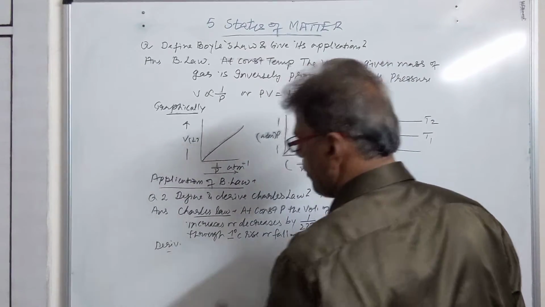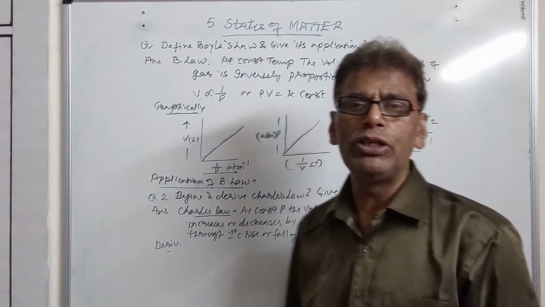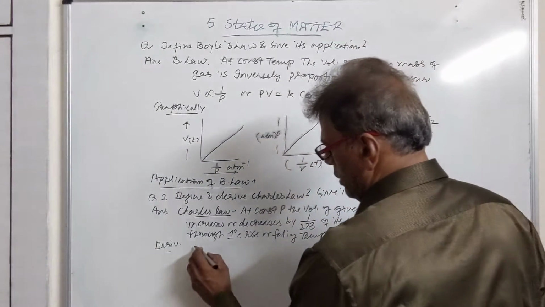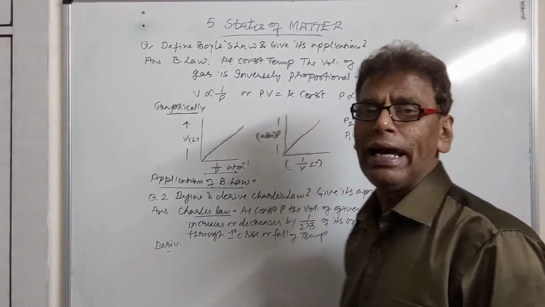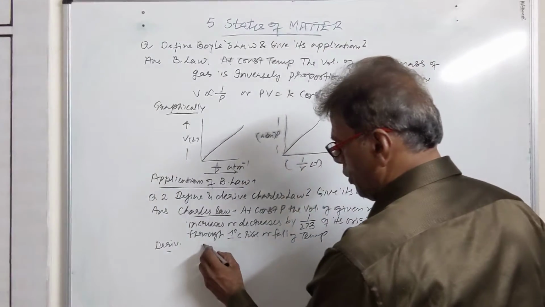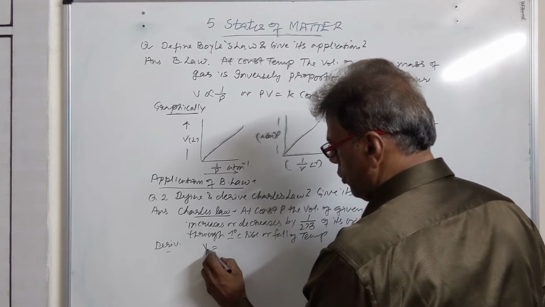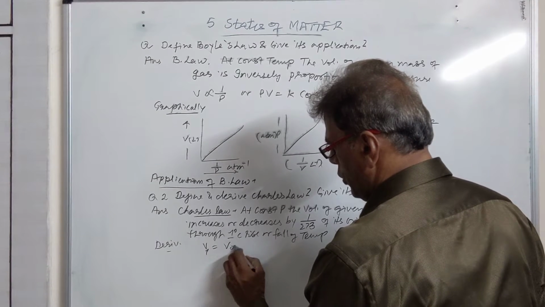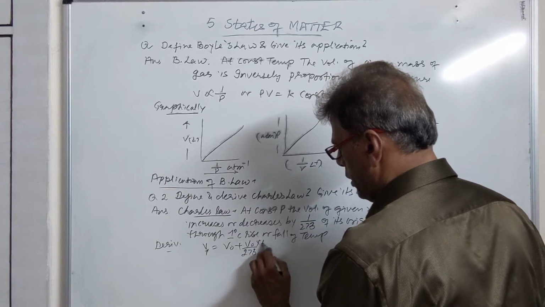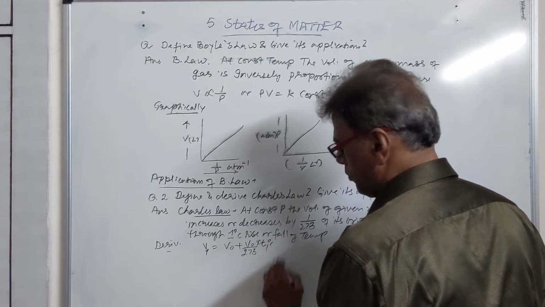If we have a gas sample whose volume is V0 at the room temperature, and the temperature of the gas is raised to T1 degree centigrade, then its volume becomes V1. So V1, the total volume, will now be equal to V0 plus V0 by 273 multiplied by the temperature increase.